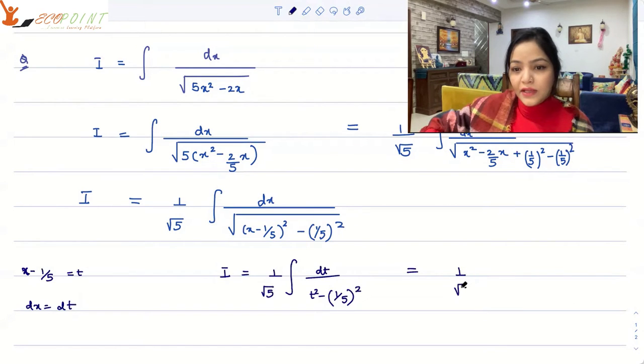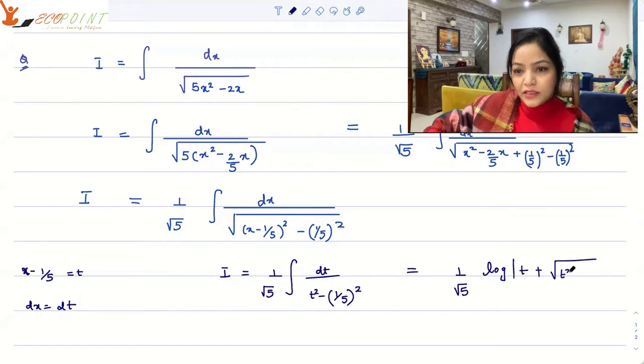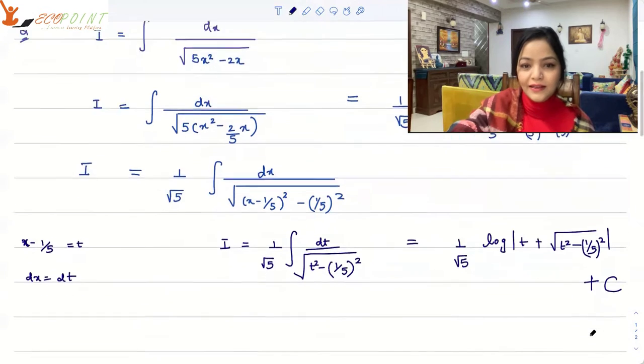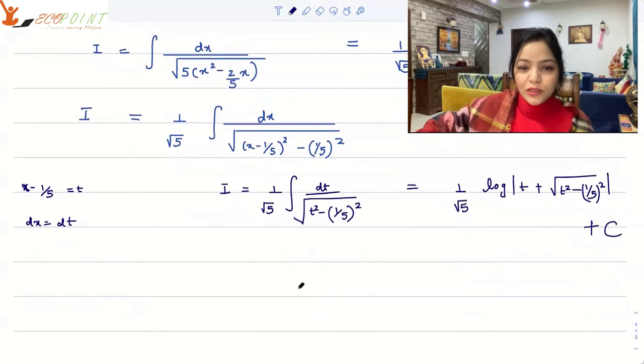This integral, we have already proved that it will be log of mod t plus square root of t square minus 1 by 5 whole square, plus c. I forgot to write the square root here. So this is what you will get.